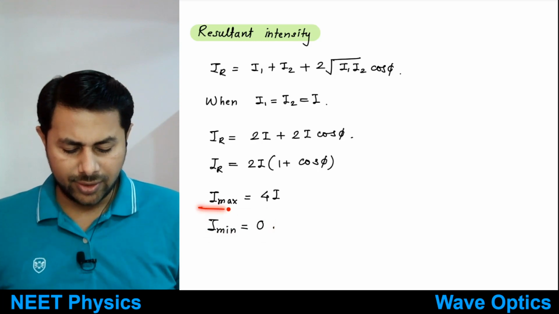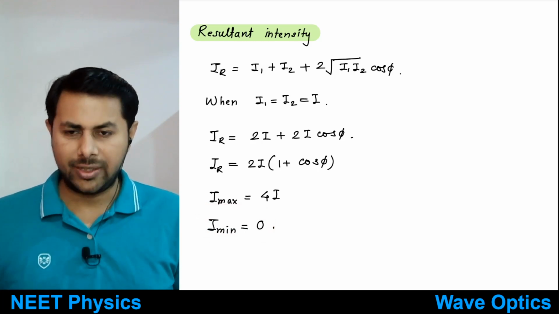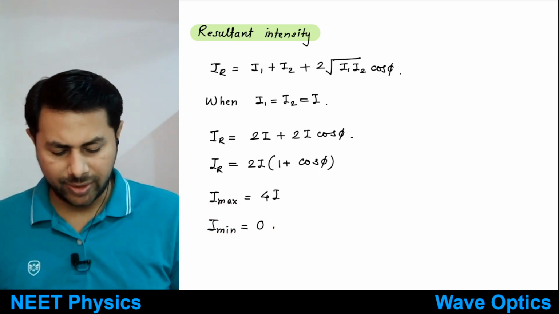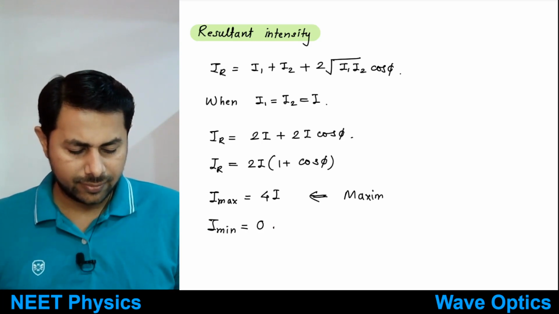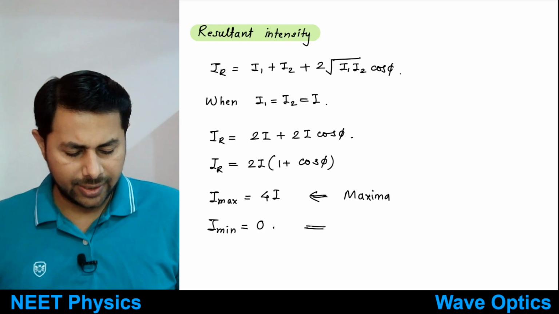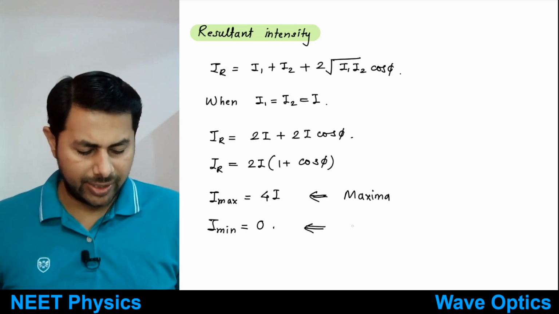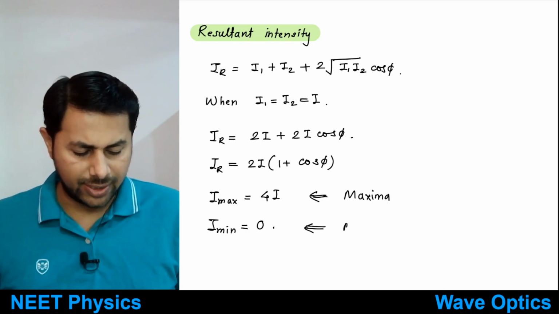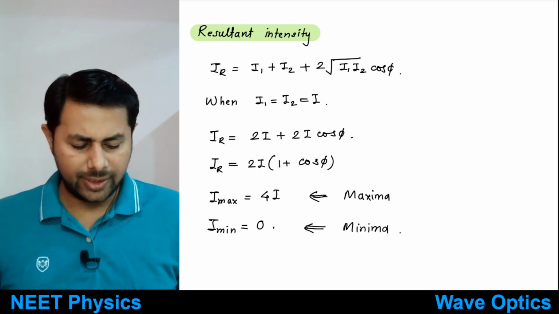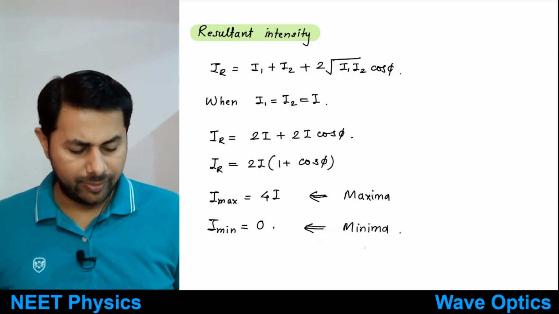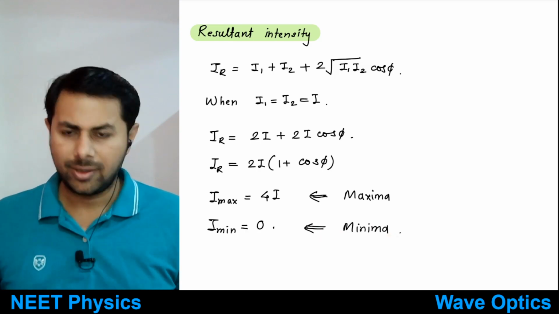Okay, so this is known as a maxima, where the intensity is maximum. This point is known as what? This is known as maxima, and the point where intensity is 0, it is known as minima. Okay, intensity is either 0 or minimum, that is known as minima, right?